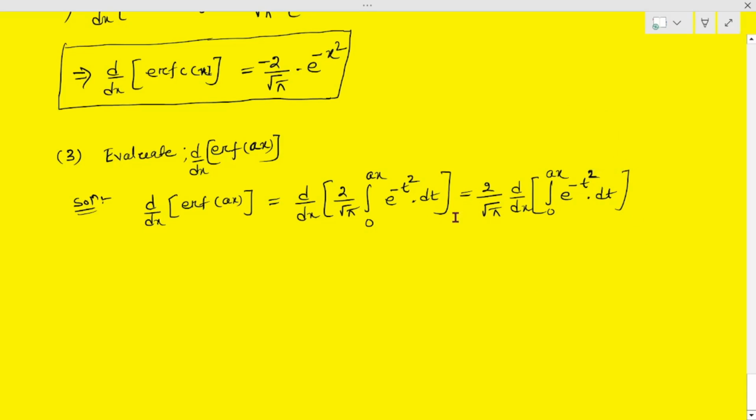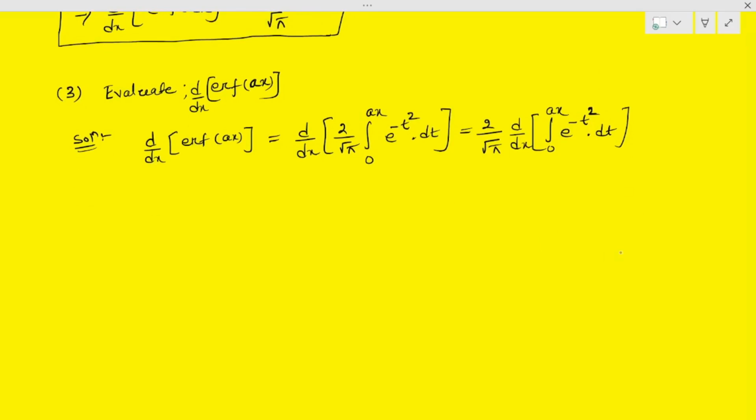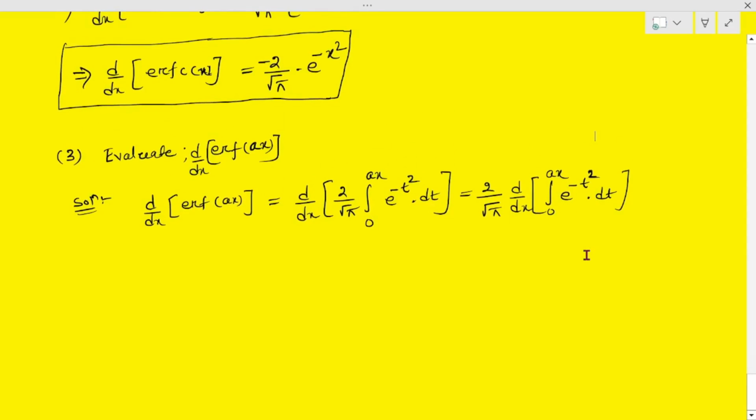So that implies here we have to apply the DUIS rule, differentiation under integral sign rule, on the above integral.